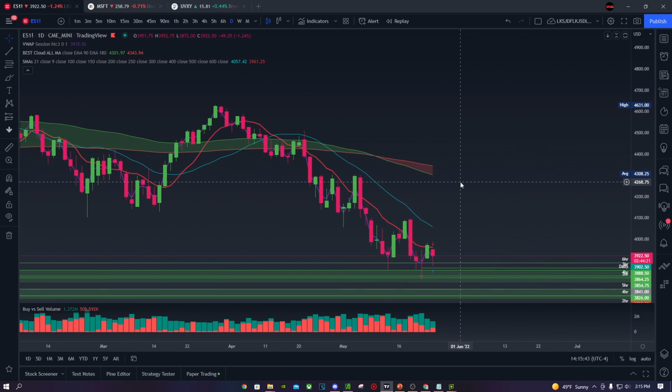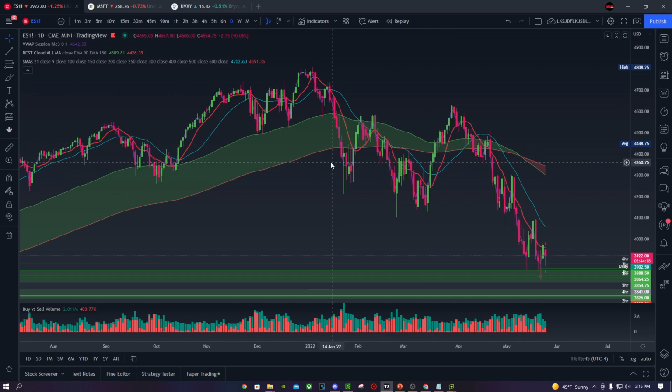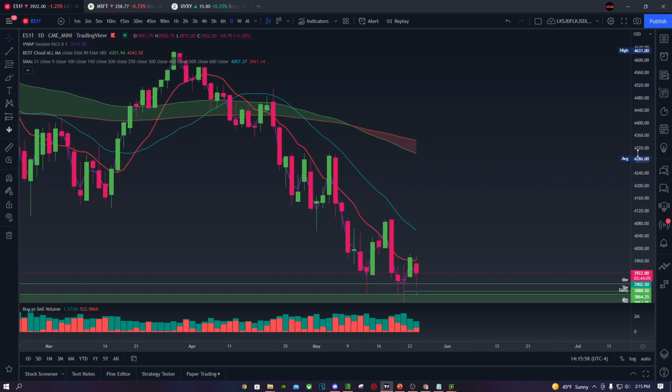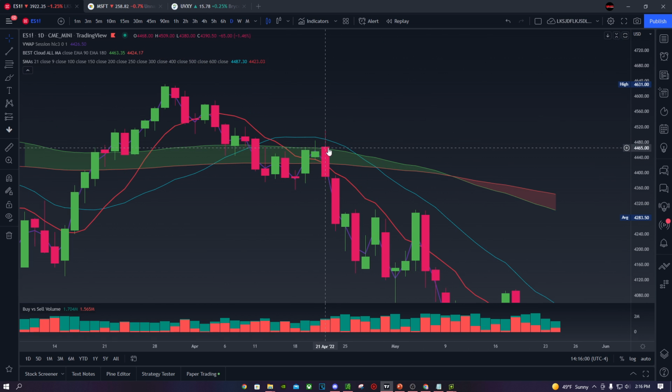On this daily chart, I really don't see too much in here because this is not a basing candle. It's about the same size, nothing here. The only thing I'm seeing is maybe this right here. But this next candle goes higher than this basing candle. So it's still a strong drop to the downside.